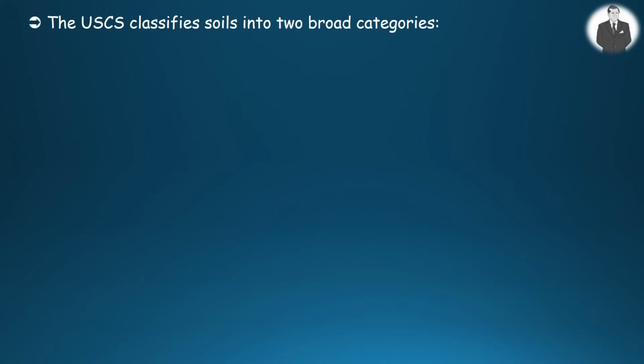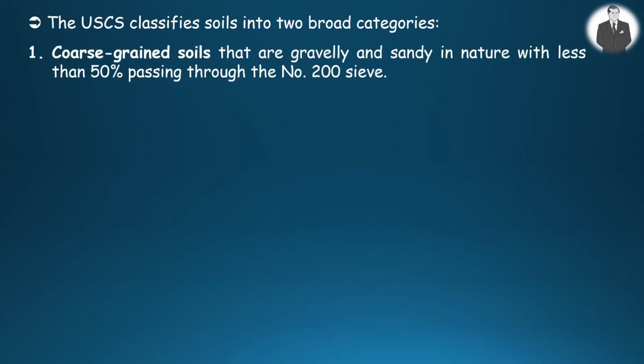The USCS classifies soils into two broad categories. The first category is the coarse-grained soils. They are gravelly and sandy in nature, with less than 50% passing through the No 200 sieve.